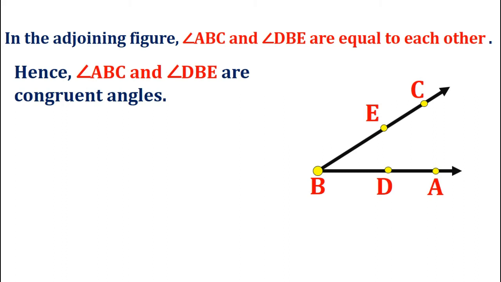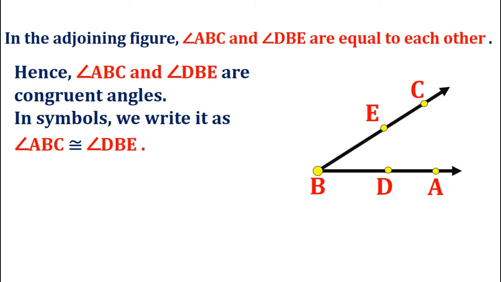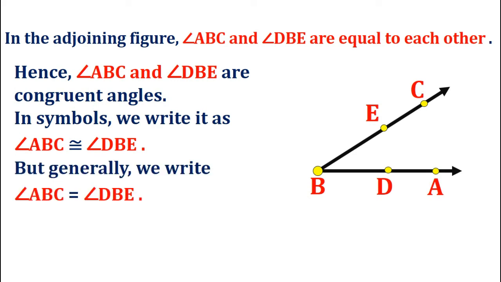Since they are equal, both the angles are said to be congruent angles. In symbols, we can write it as angle ABC is congruent to angle DBE, where we have written the symbol of congruency in between them. But generally, we give an equal to sign in between both the angles.